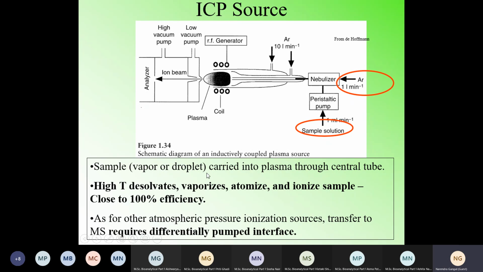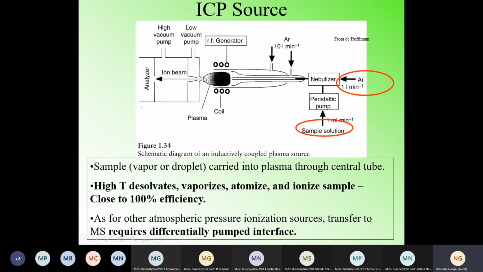It will vaporize completely, get atomized completely, and get ionized subsequently. At 10,000 degrees Kelvin plus, no inorganic material can remain as such. It will get ionized, guaranteed. So the efficiency is close to 100%.